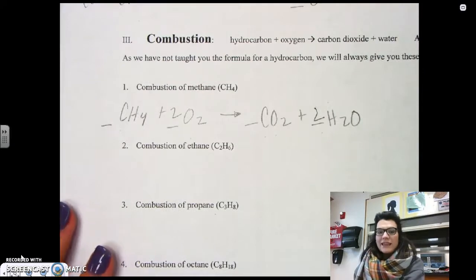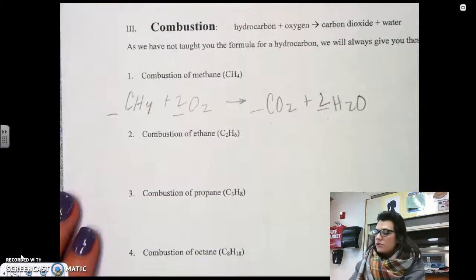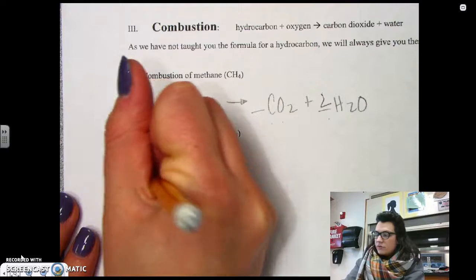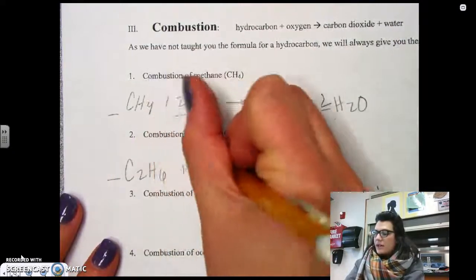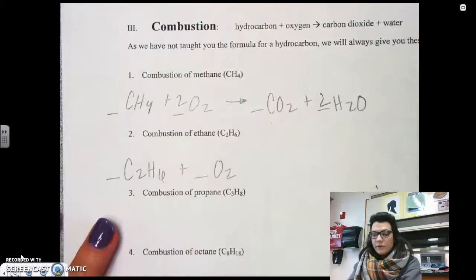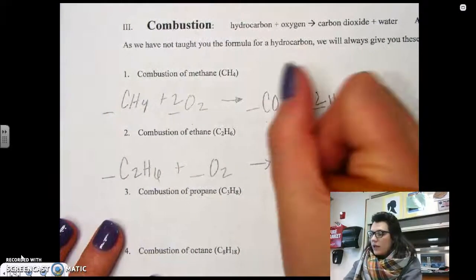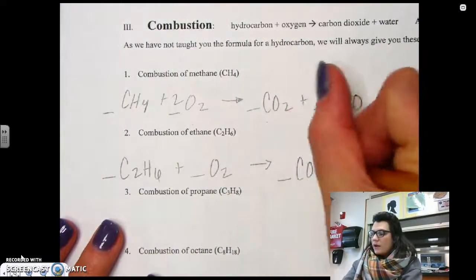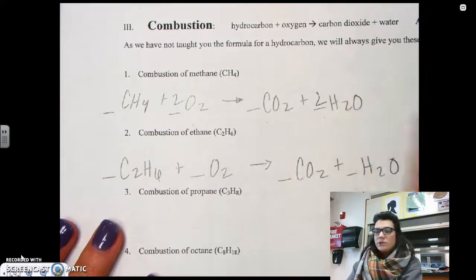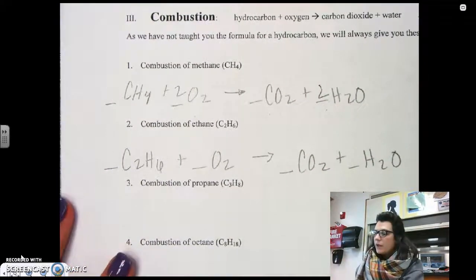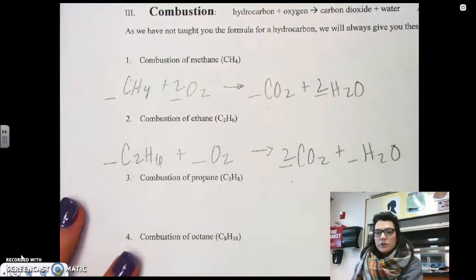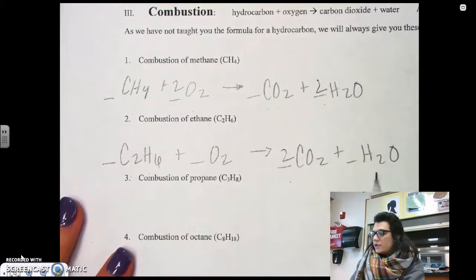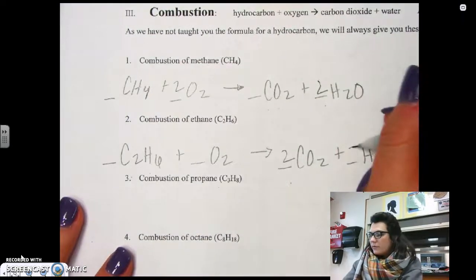Combustion of ethane. So C2H6. In order to combust it, I need oxygen. And I'm going to make carbon dioxide and water. They never change. Let's balance. 2 carbons, 1 carbon, put a 2 here. 6 hydrogens, 2 hydrogens, so I'm going to put a 3 here.